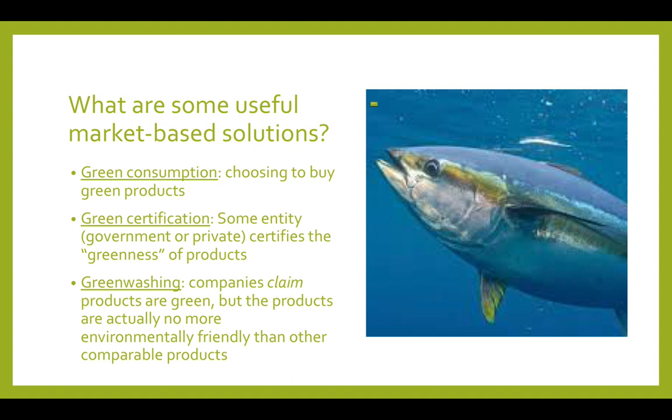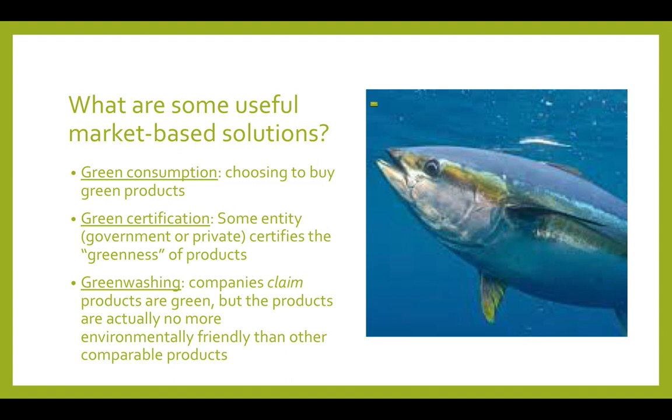If you look over on the right, you see a tuna. The US government actually helped make a tuna certification program happen that's helped to create a much more environmentally friendly tuna catch than in the past, which we'll talk about later in the semester. So green certification can work really well, but again, you'll notice that it's a combination of government and industry working together. One problem with green consumption, though, is greenwashing.